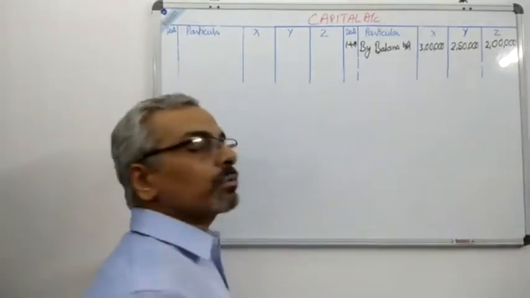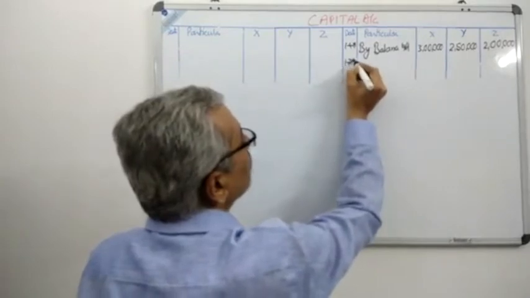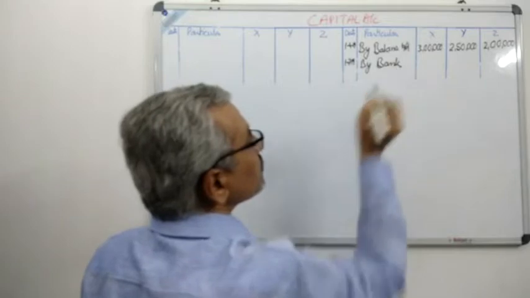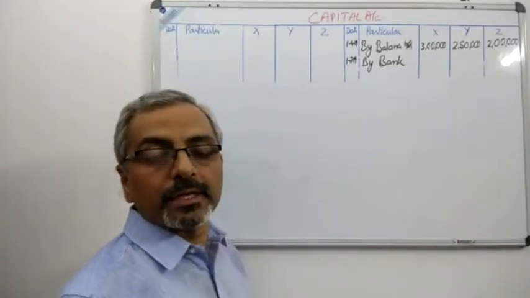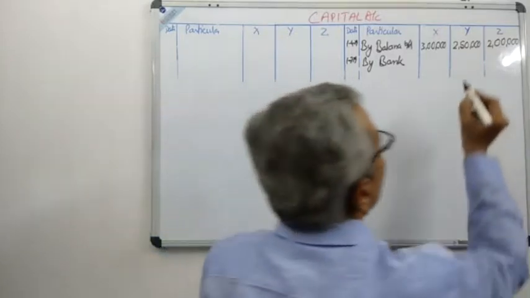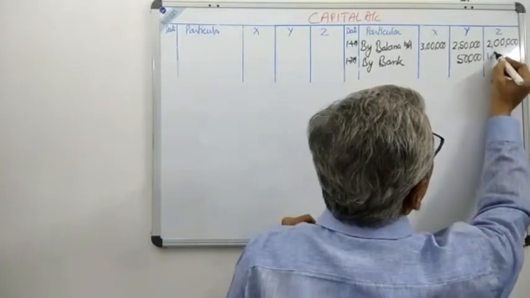The question also informs us that on 1st of July 2019, 2 partners, that is Y and Z, have further invested 50,000 and 1 lakh respectively. So over here we will enter this as 50,000 and 1 lakh.